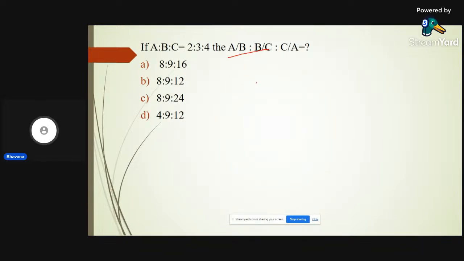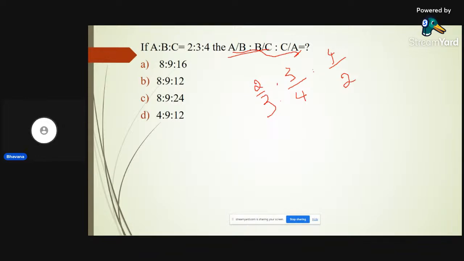Just substitute the values here: 2 by 3 is to 3 by 4, then C means 4 by 2. So for this whole thing, that is equal to what they have asked.